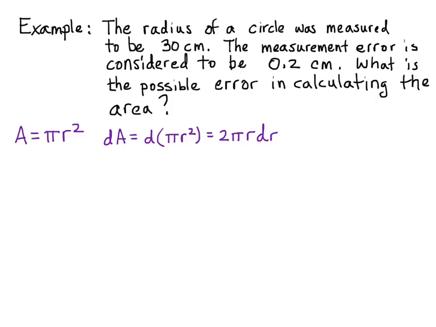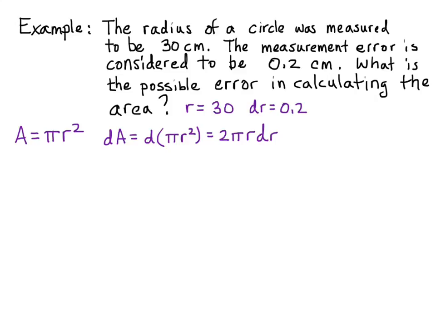So the error that you're going to have in the area of a circle depends on the size of the circle. Think about a really, really big circle with a measurement error. The error on that is going to be very different than with a very small circle with the same difference in the measurement of the radius.